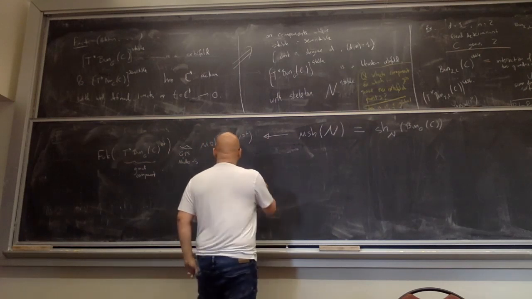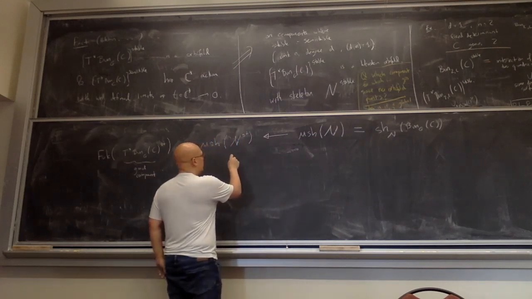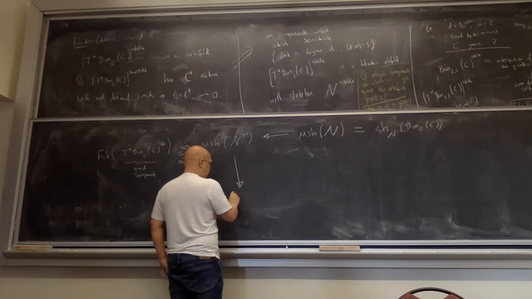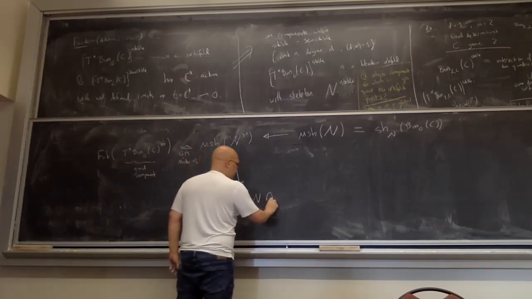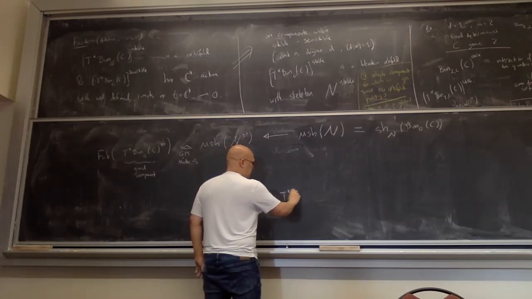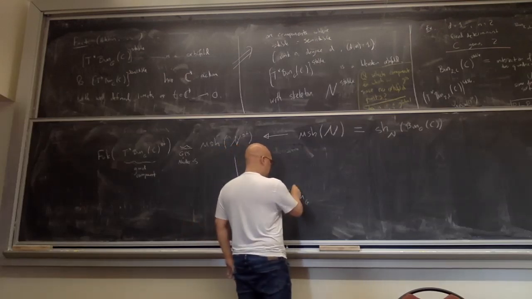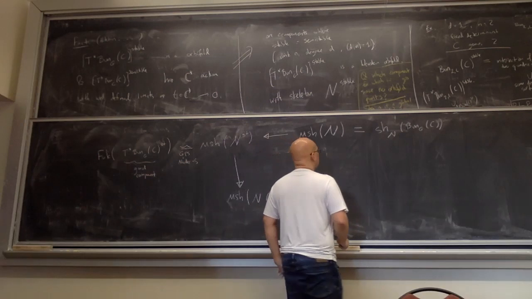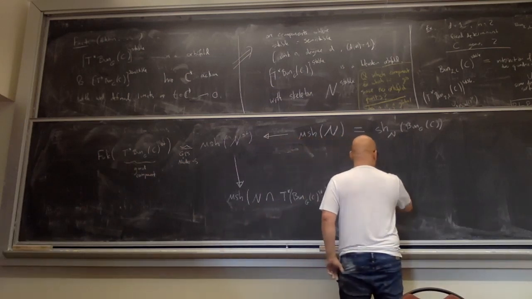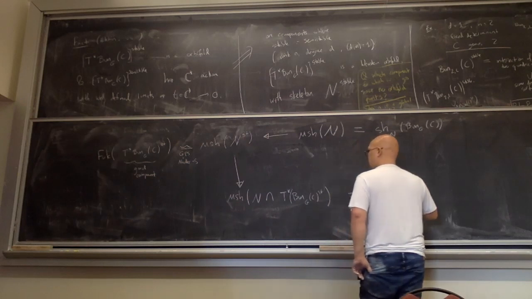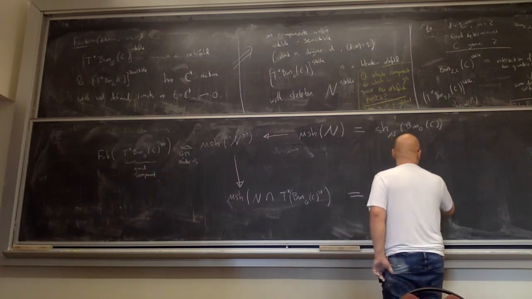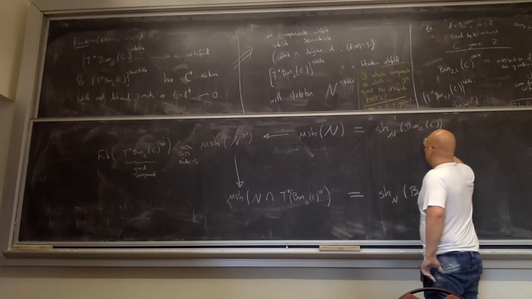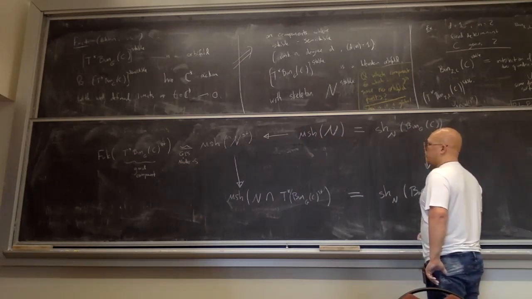And then there's a further restriction to microsheaves on N intersect T star Bun_G C stable, which equals sheaves on Bun_G C stable, and of course this diagram commutes.